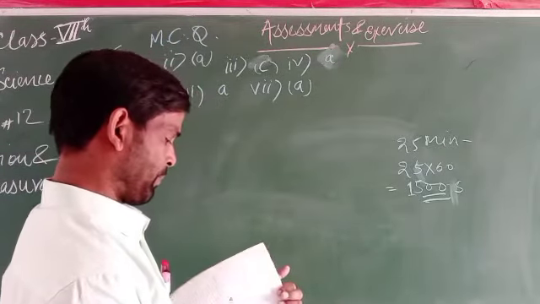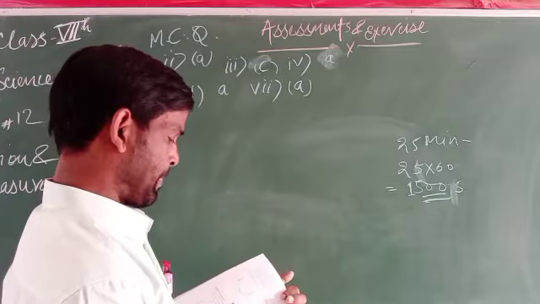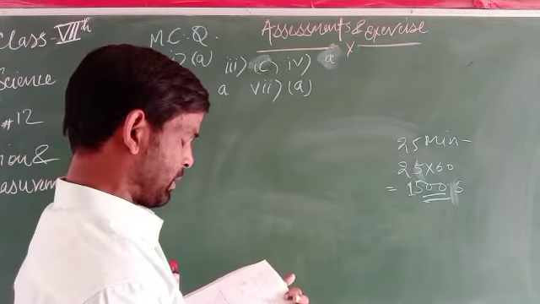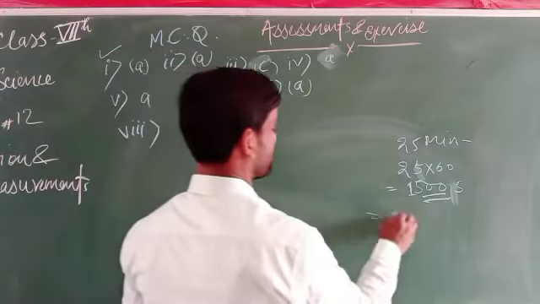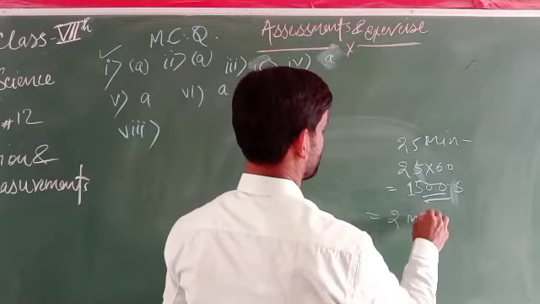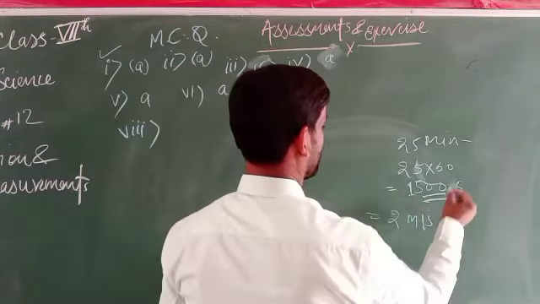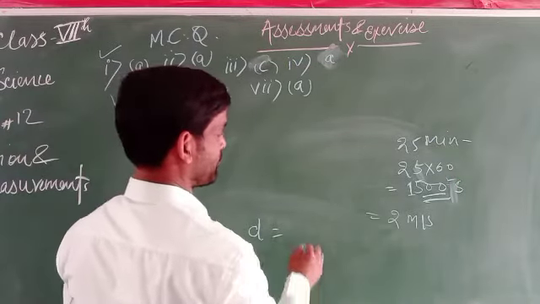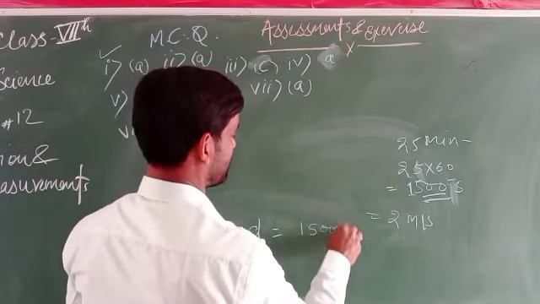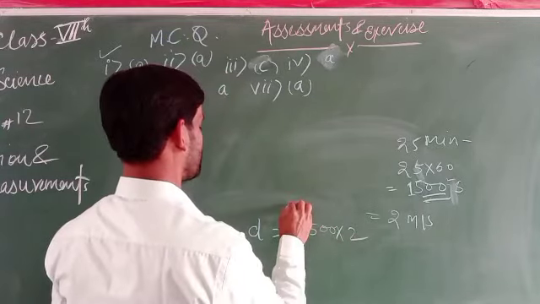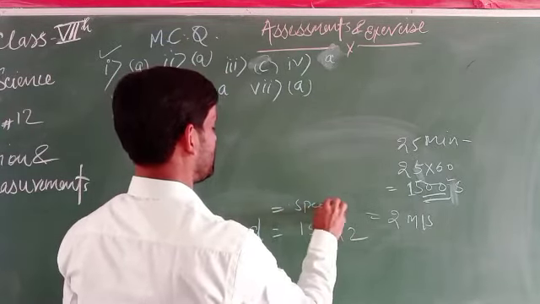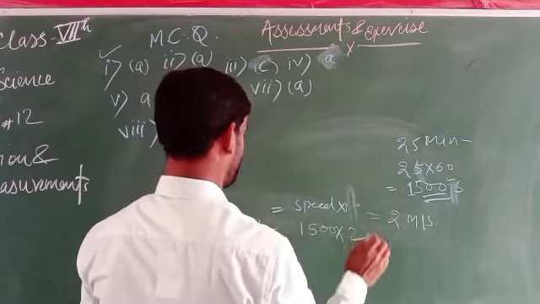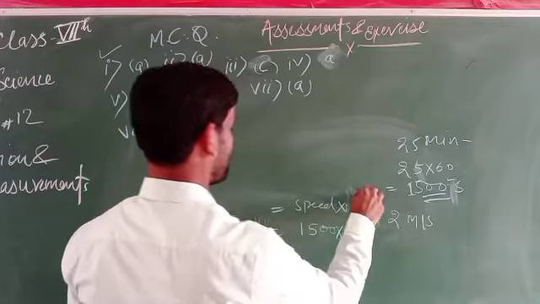So time is 1500 seconds and speed is given as 2 meters per second. Distance is equal to speed into time.